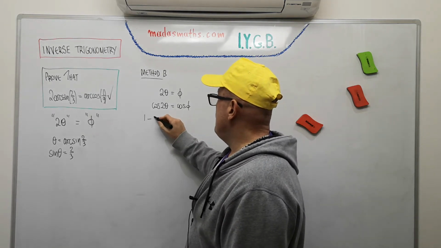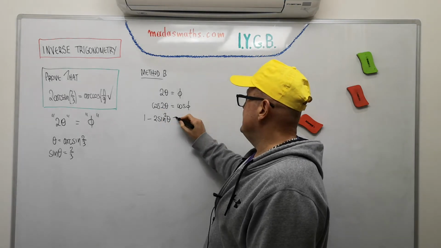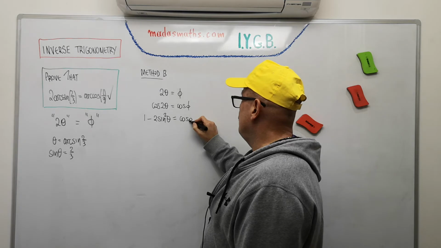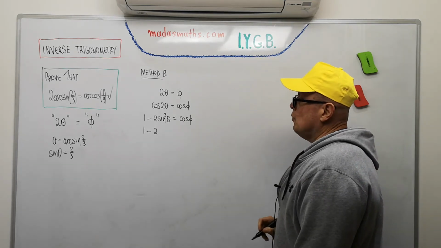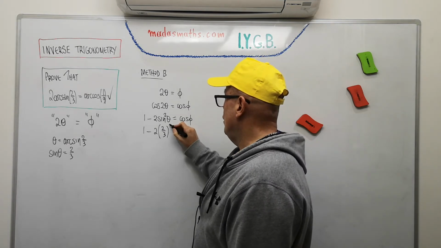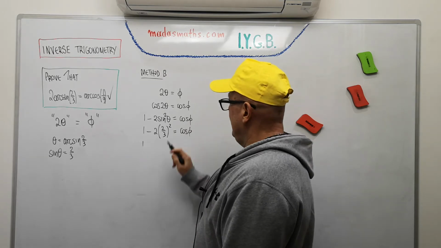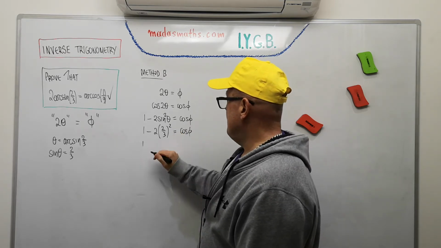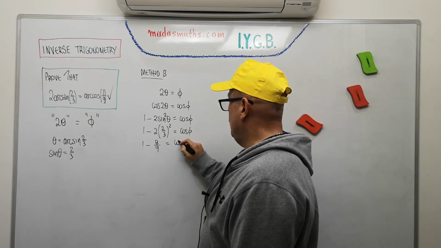So I can say 1 minus 2 sine squared theta, that's an identity, is equal to the cos of phi. 1 minus 2 times, squaring now, the sine of theta is, of course, 2/3, all squared, equal to the cos of phi. That's 4/9, doubled is 8/9, so 1 minus 8/9 is equal to the cos of phi.